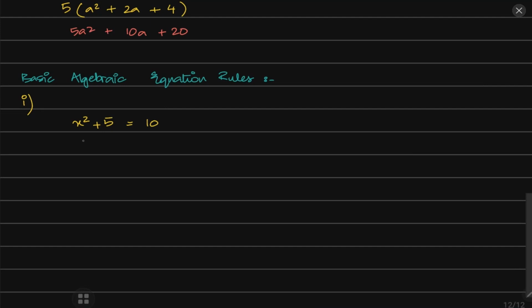It's not like whenever I take it over there, this becomes 10 minus 5. That's not what is actually happening. What's happening is that all you're doing is subtracting or adding the same thing from both sides.